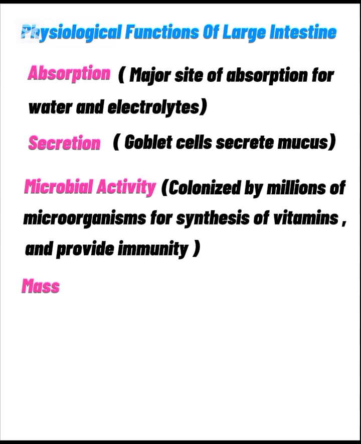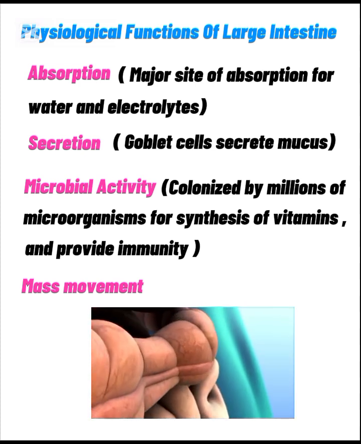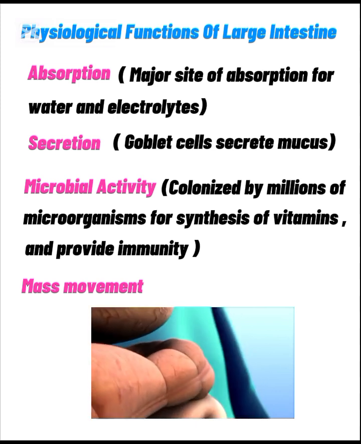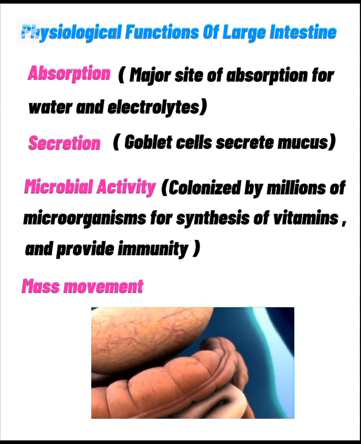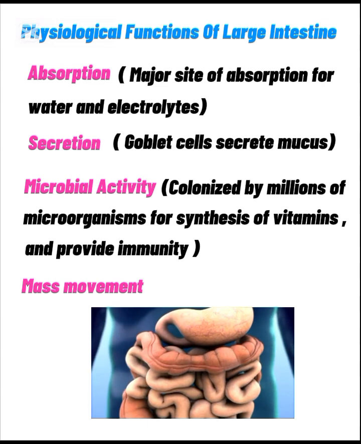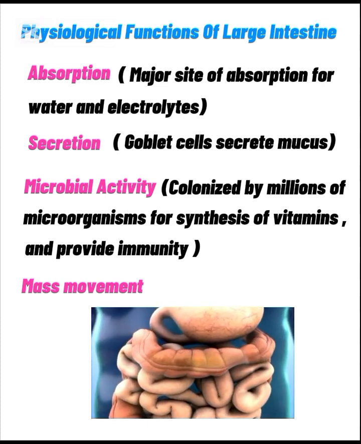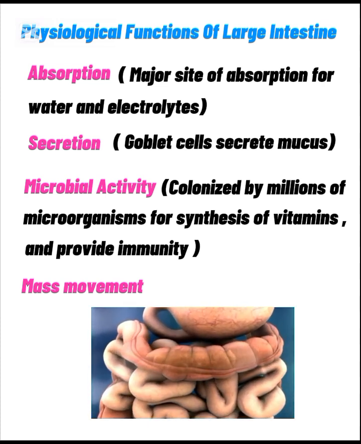Mass movement. Large intestine does not exhibit peristaltic movements like other GIT organs. After a long interval, a strong peristaltic contraction sweeps across the transverse colon that forces the feces from the transverse colon to the descending and sigmoid colon.